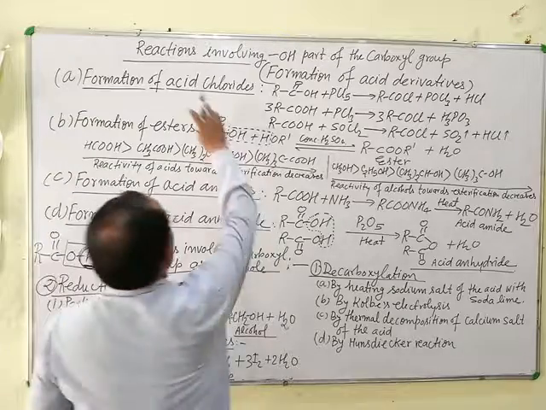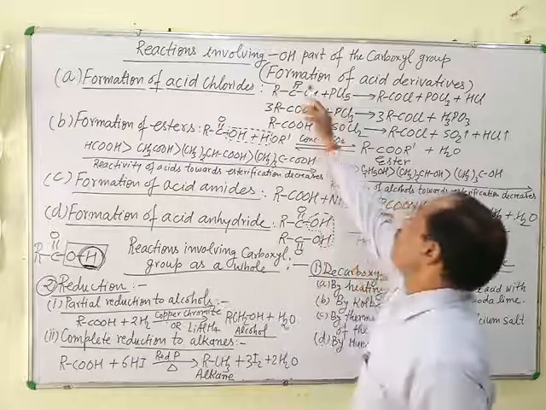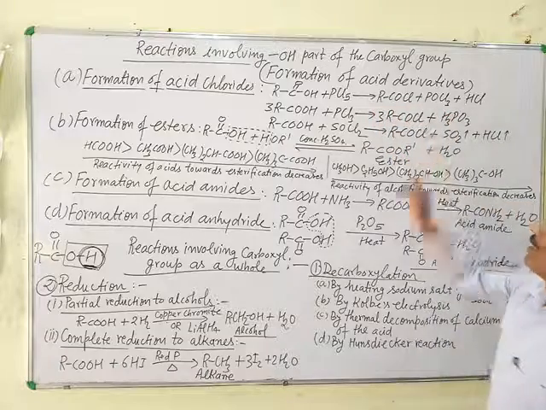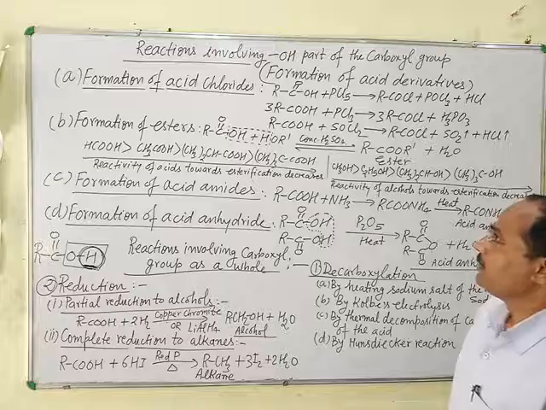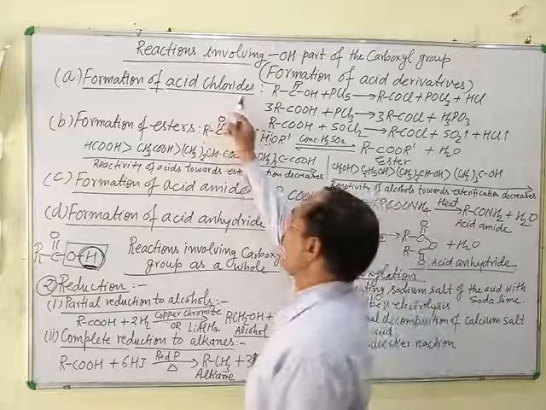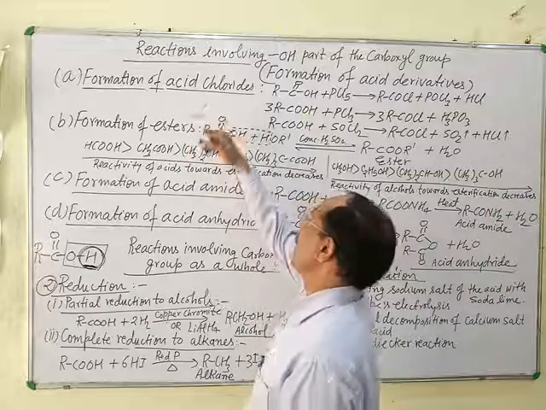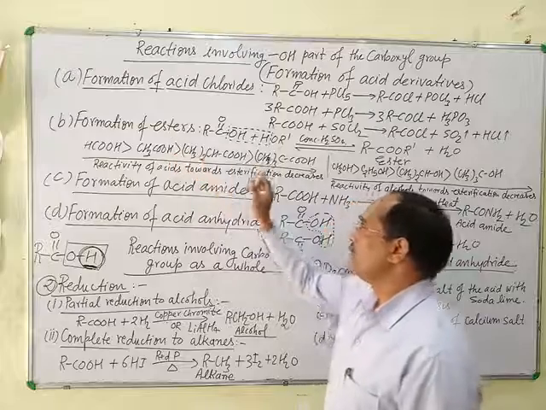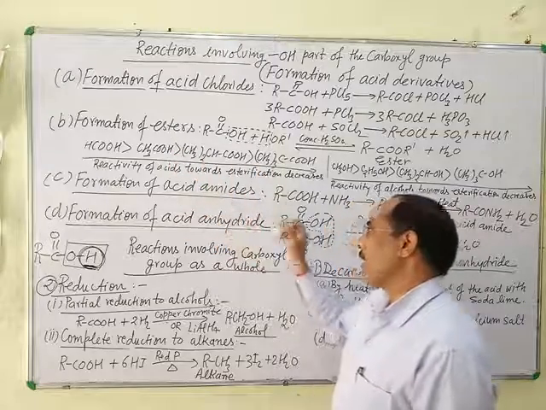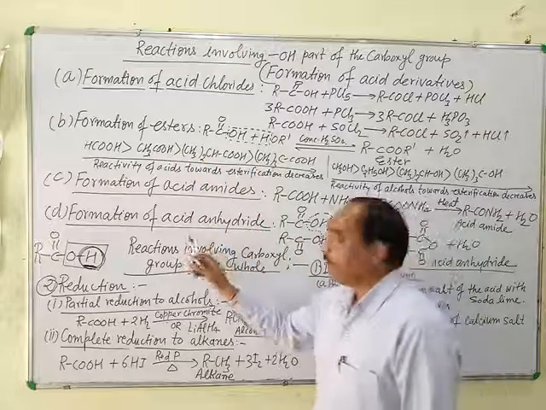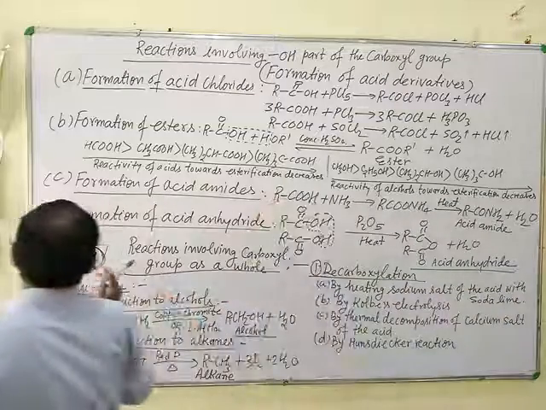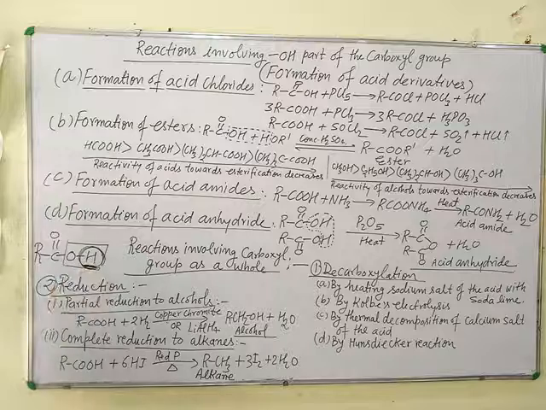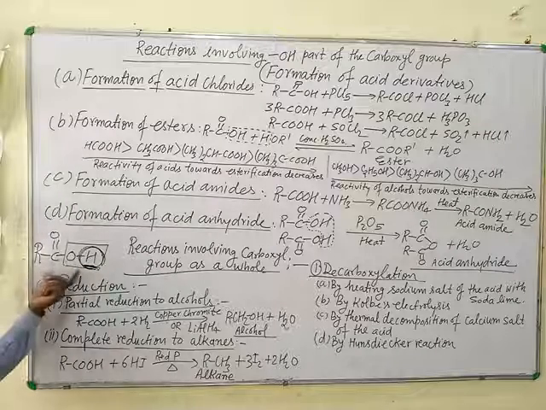That's why this is also known as formation of acid derivatives. The formation of acid chlorides, acid halides, esters, acid amides and acid anhydrides is due to the involvement of the OH part of the carboxylic group.